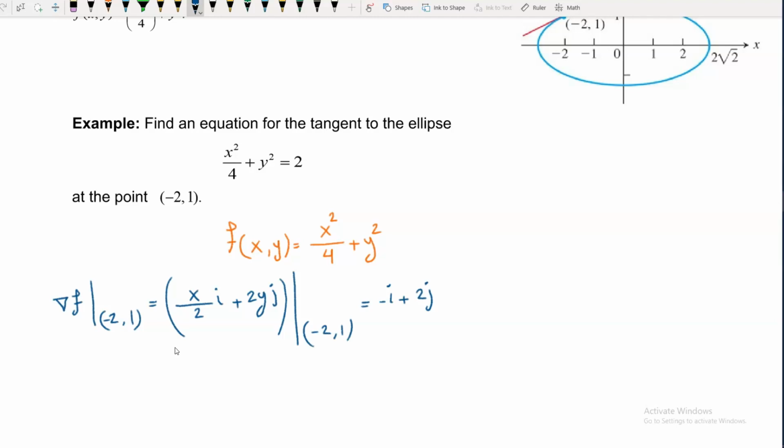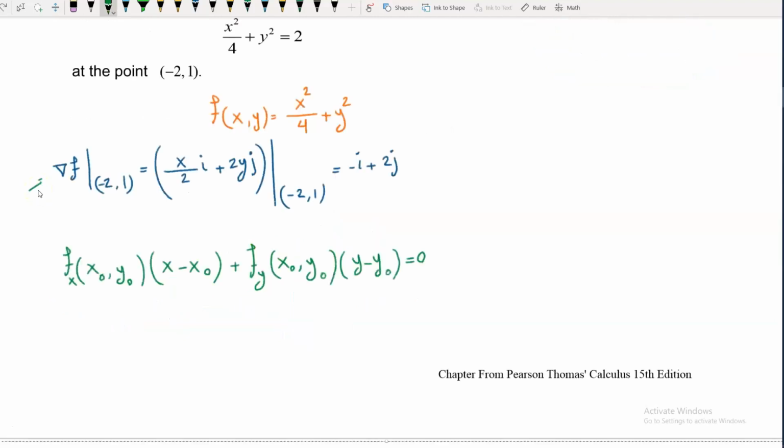So here instead of x, we have negative 2, so negative 2 over 2, that is negative 1, i plus 2 times 1, so 2j. Because this gradient vector is non-zero, the tangent to the ellipse at (negative 2, 1) is the line.